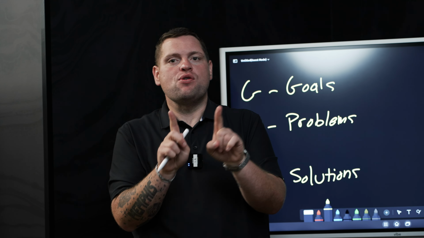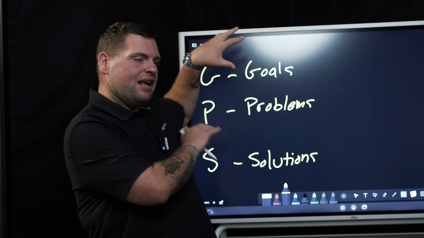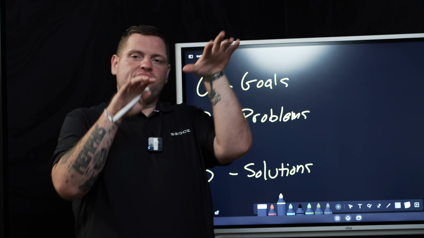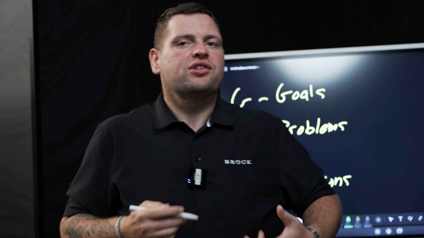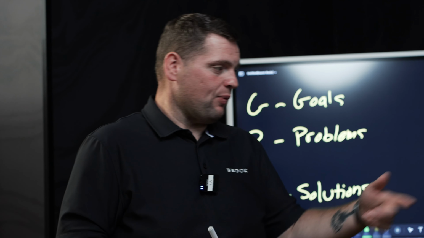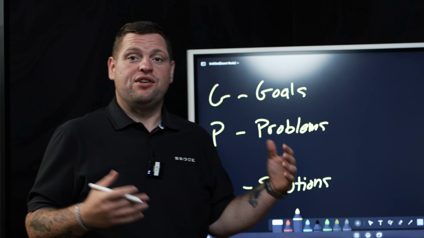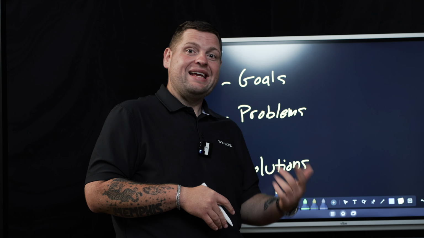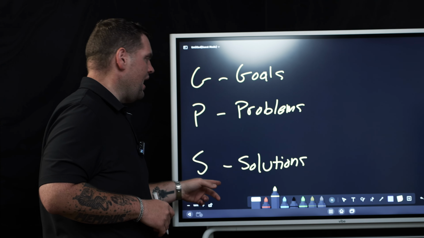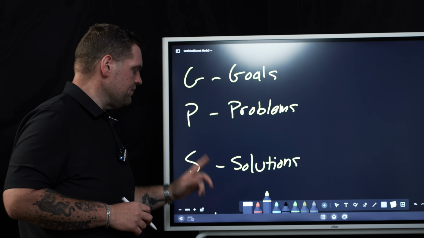And I guarantee you that if you put the GPS, the goals, problems, solutions, this strategic fact-finding process in your sales process, you will see the close rate go up. As a matter of fact, we have Dalton sitting here with us right now. He's in his 2nd week of selling, and he's already done $6,000 plus in revenue each week. It's pretty awesome, and it's because we train on goals, problems, solutions.